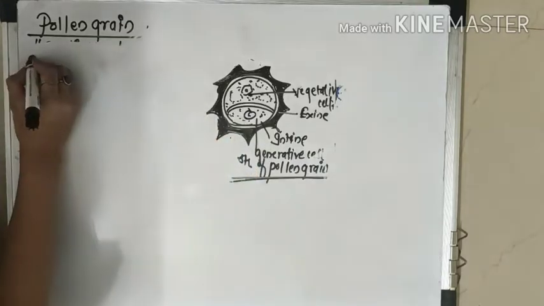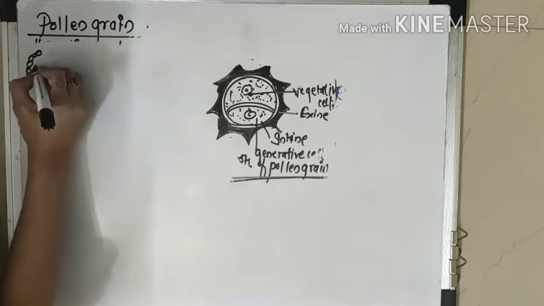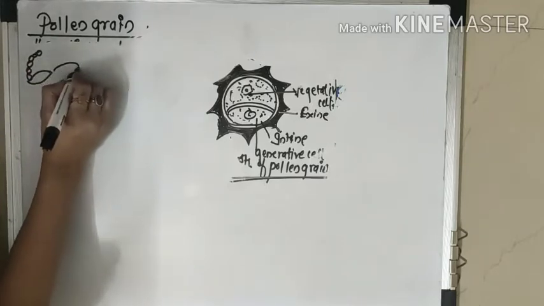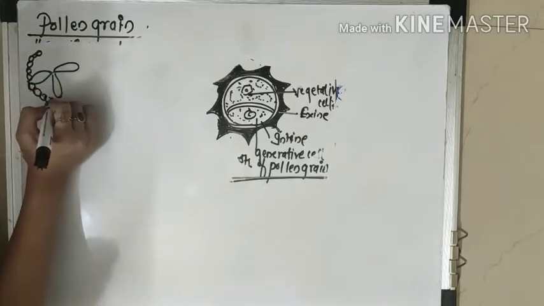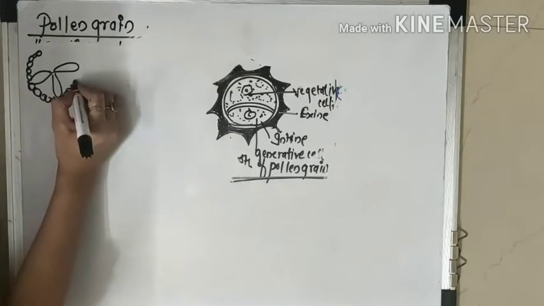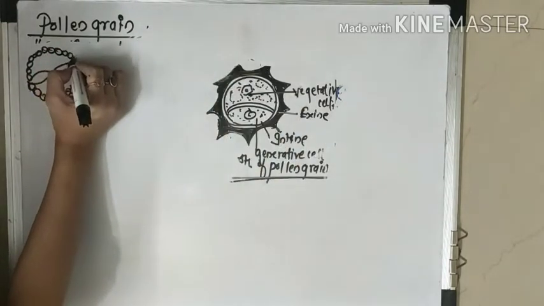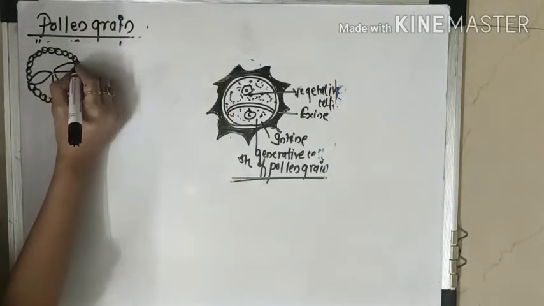First of all I will draw a diagram so you can understand very well with the help of that. This is the structure of a pollen grain. In this way I am drawing, so you can understand it very well.